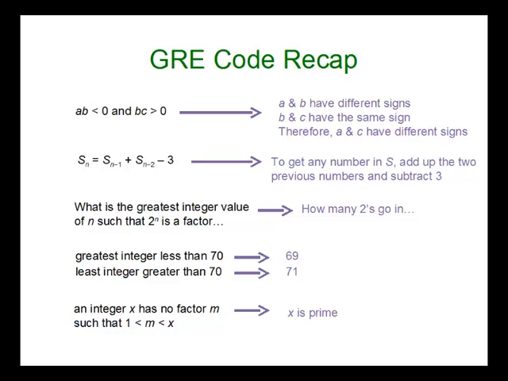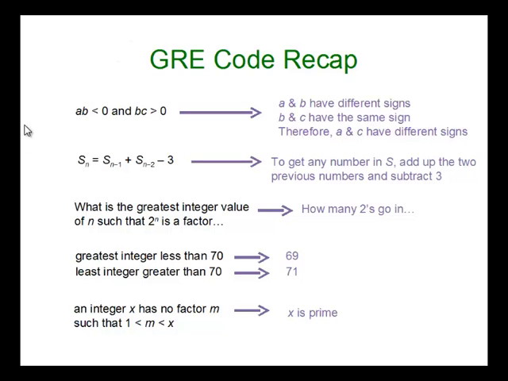Be prepared to translate sequence definitions into words. Greatest integer value of n such that 2 to the n is a factor. That's a doozy, but I guarantee that the next time you see that one, you're going to say, okay, what power of 2 goes into something? Oh, I remember, that's about how many 2's there were. Much easier to get to the translation if you've seen the same code at work before.